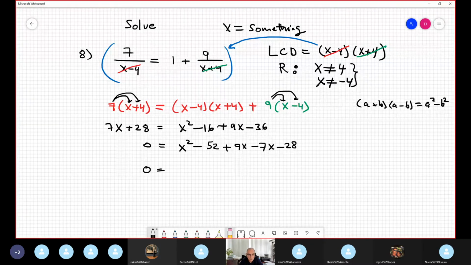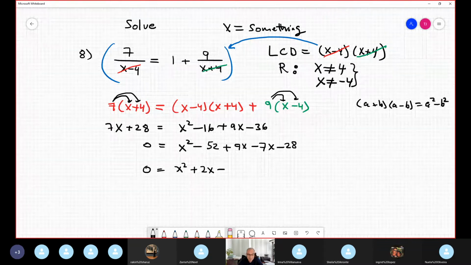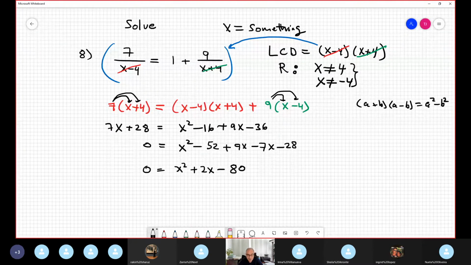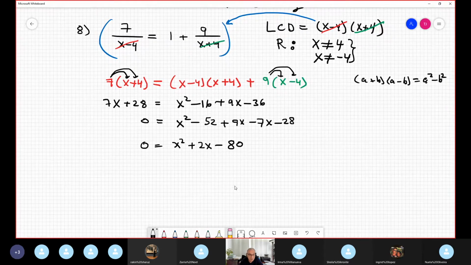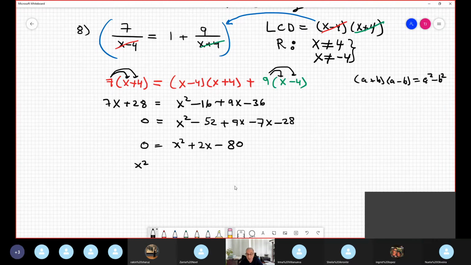My equation is x squared plus 2x minus 52 and 28 together is 80. And this is my quadratic equation, que I suppose que somehow is equivalent.